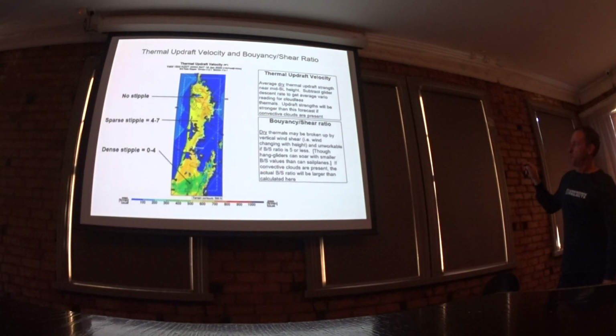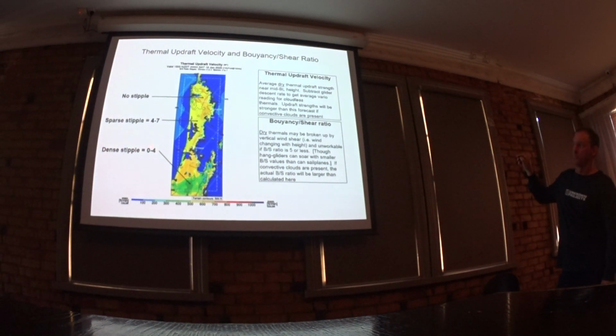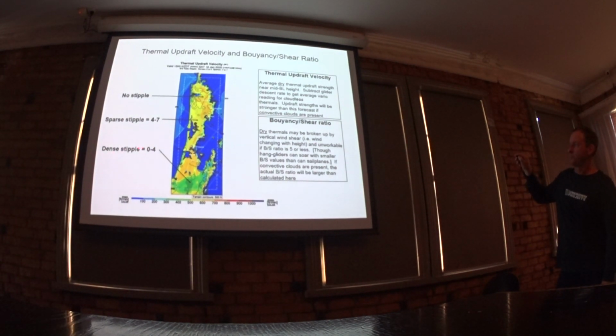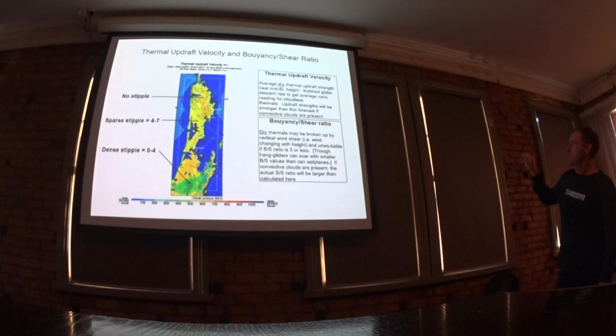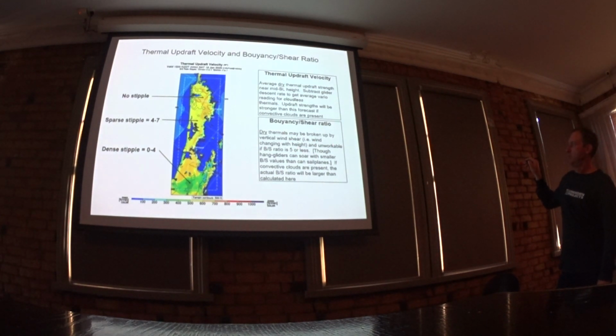And it also shows the buoyancy shear ratio, which are these dots, or stipple, as they call it. So dense stipple, it tells you up here. Dense stipple, 0 to 4, is when we've got these black dots really close together. And it says that if this ratio is 5 or less, the thermals may be unworkable. But that's for sailplane pilots, and we can sort of turn tighter circles in them.